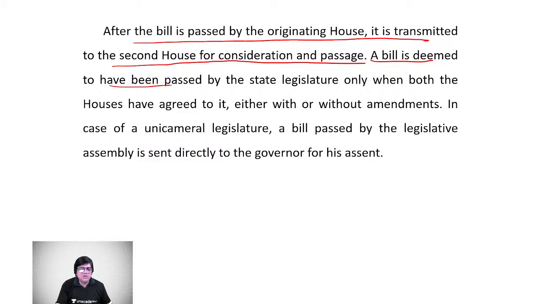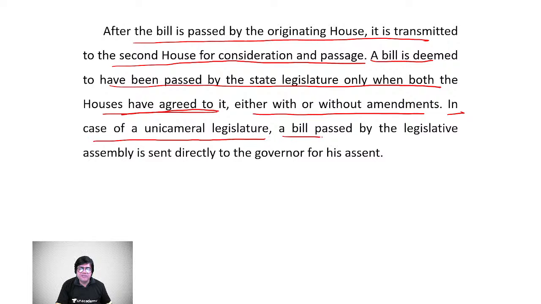And a bill is deemed to have been passed by the state legislature only when both the houses have agreed to it. So it is necessary that in case of bicameral legislature and ordinary bills, both the houses must agree to it, either with or without amendment, right? Both the houses must agree to it. In case of a unicameral legislature, a bill passed by the Legislative Assembly is sent directly to the governor for his assent.